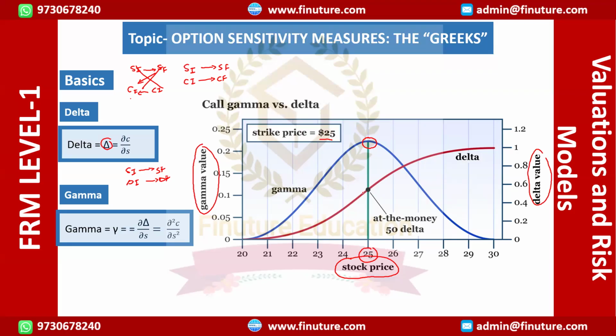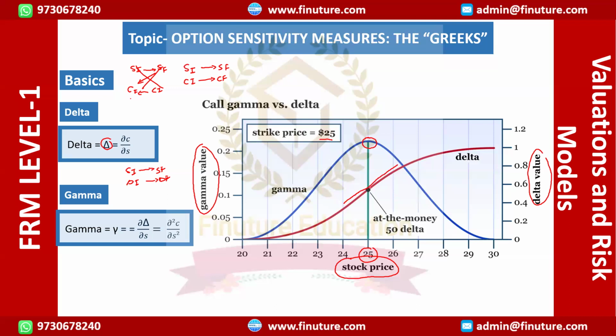If I just draw a tangent to this point, it is the point where delta is 0.5. No other line on this curve, on the left as well as right, will be slanted like this.